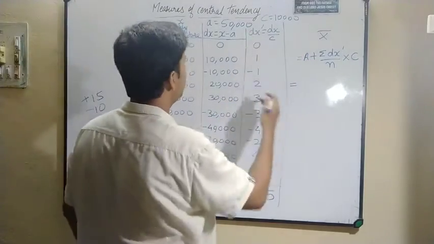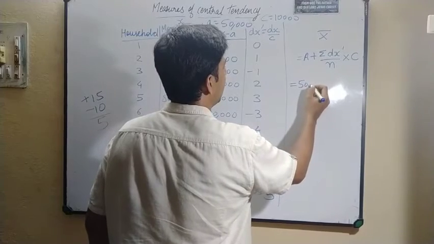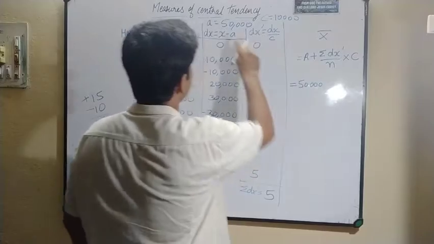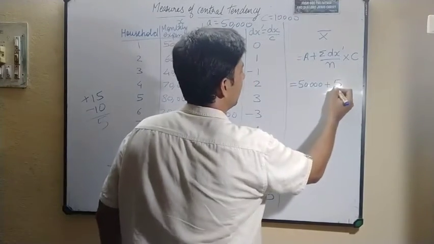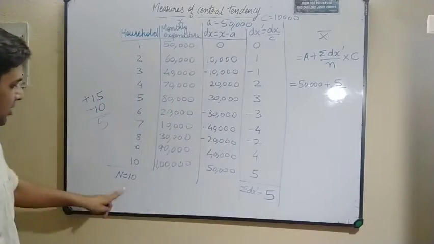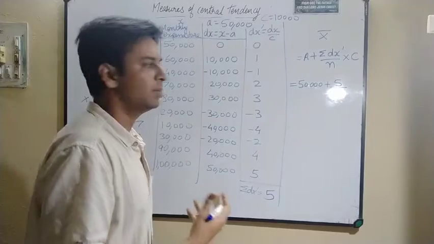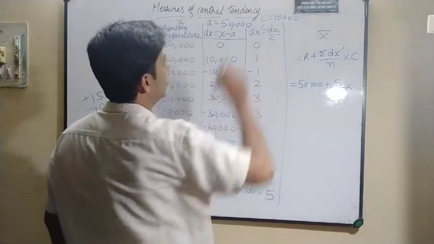So here the assumed mean is what, 50,000. Now here there is a space problem, so I am writing 50,000 over here. Okay, this is the assumed mean. Then summation of dx dash is 5. What was N? N was 10 in this numerical. N is nothing but the number of items. Now C was 10,000.